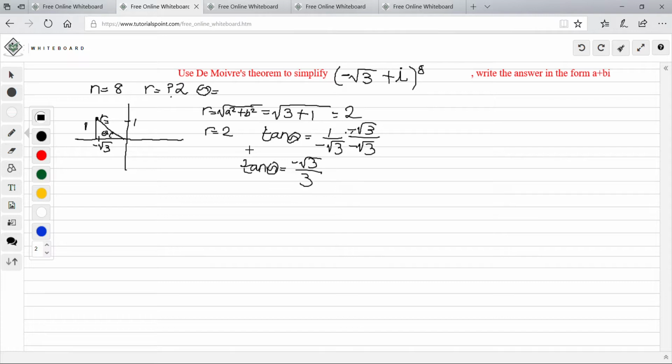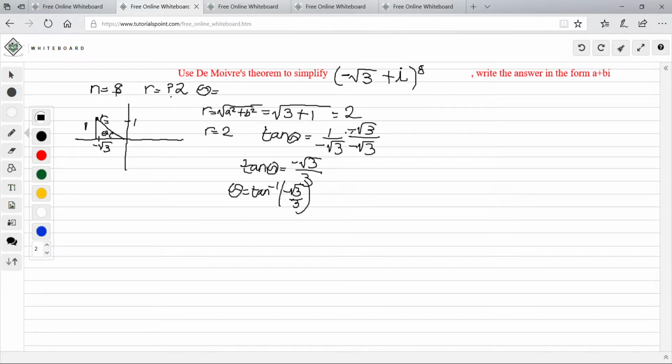So theta is tangent inverse of -√3 over 3.